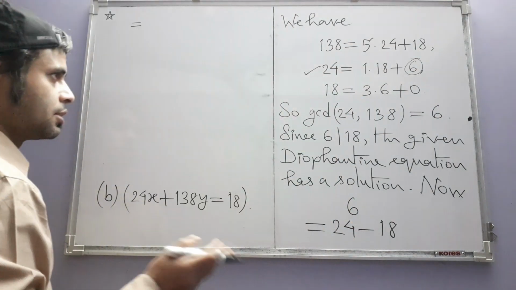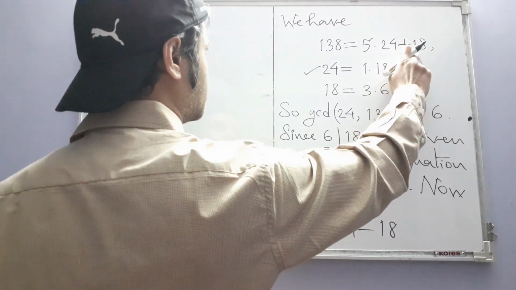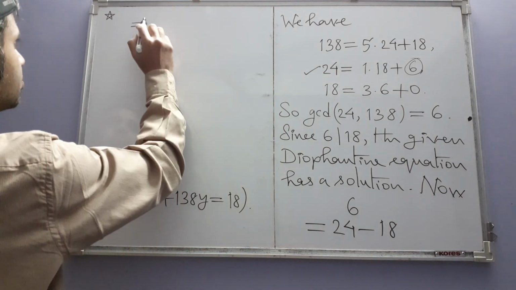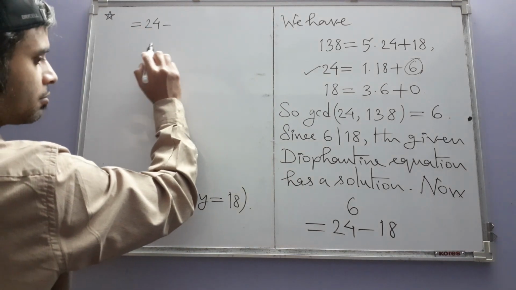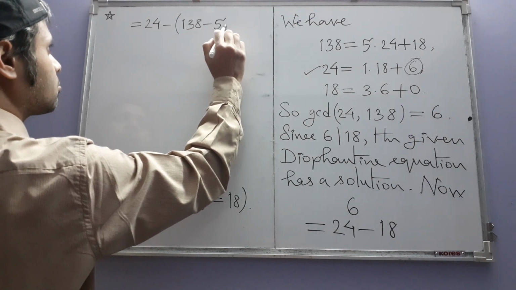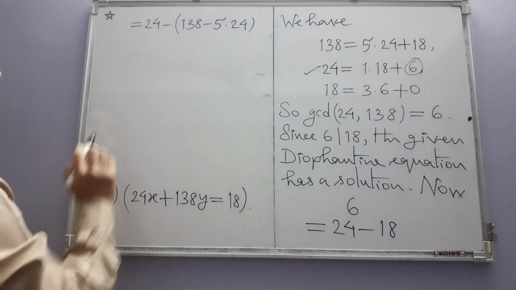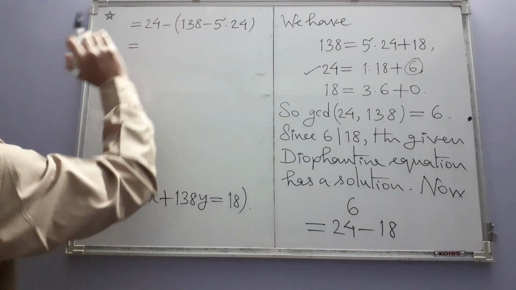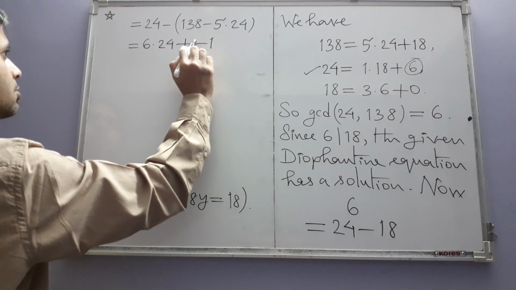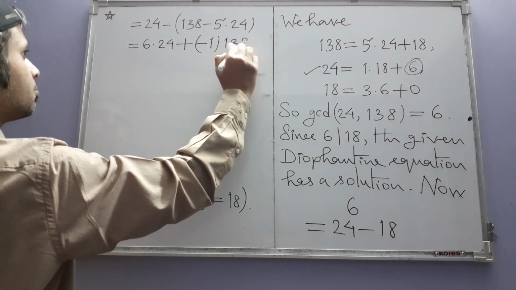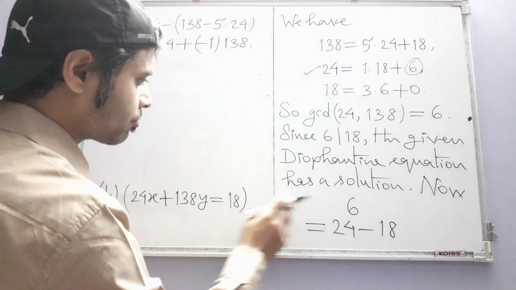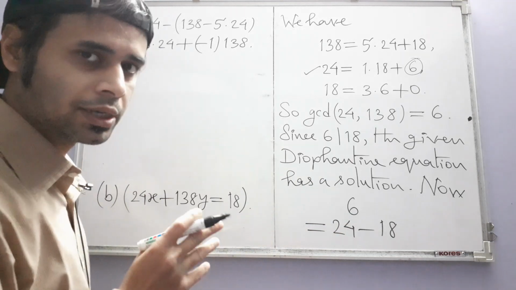Now the next one, which is the only one left. So in place of 18 we are going to now write 138 minus 5 times 24. So we get 6 equals 6 times 24 plus minus 1 times 138. So now in order to get 18 on one side, we have to divide on both sides by 3.